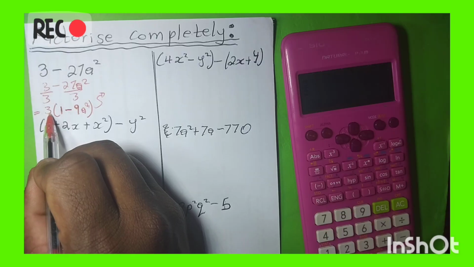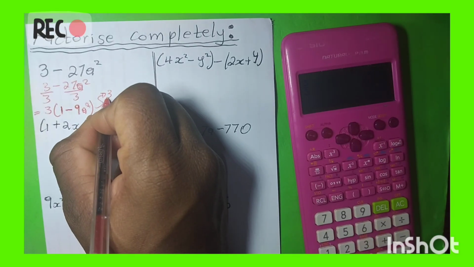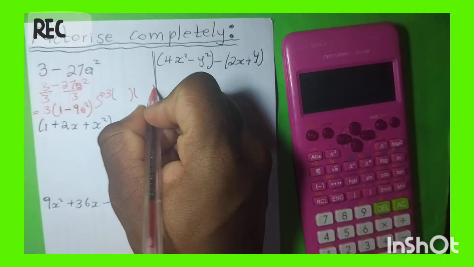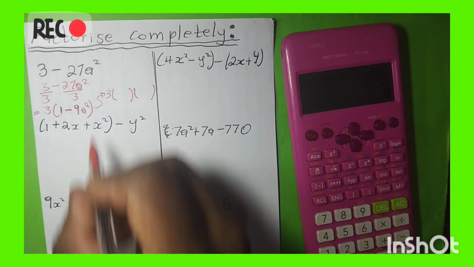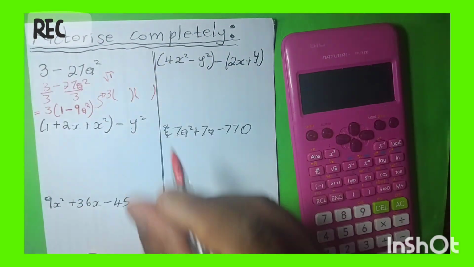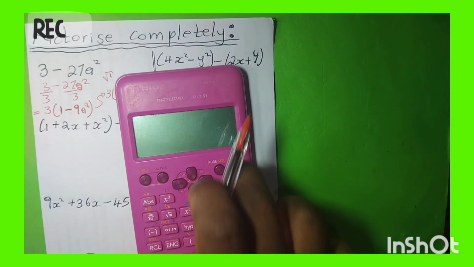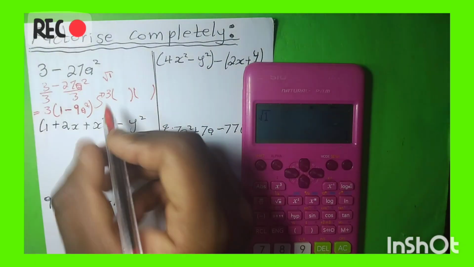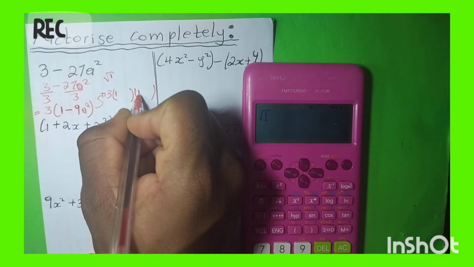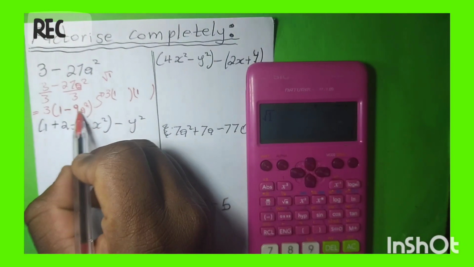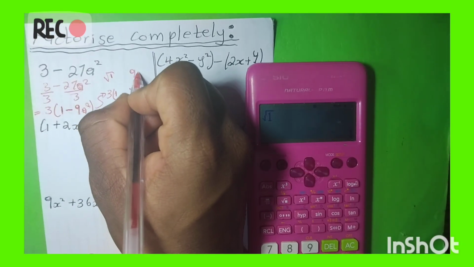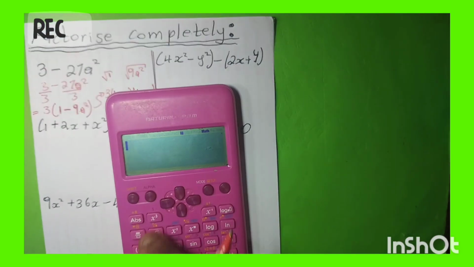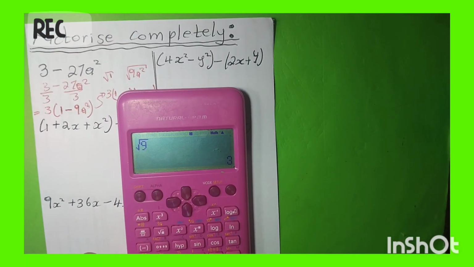That 3, guys, won't be affected. You will put that 3 here, then do 2 brackets. We take the square root of 1; if you use a calculator, the square root of 1 is still 1, meaning here you write 1 and 1. And now we take the square root of 9, and I'll get 3.